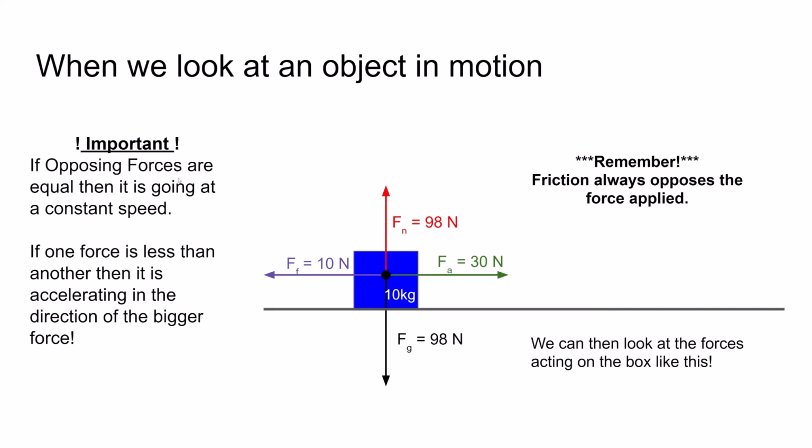Important: if opposing forces are equal, then it is going at a constant speed. Whereas if one force is less than another, then it is accelerating in the direction of the larger force. So if we look at this box as it is now, we can see that our force of gravity and our normal force are equal. So this means that the box isn't accelerating, meaning it's not moving in either direction, and most likely it's going to be sitting still.